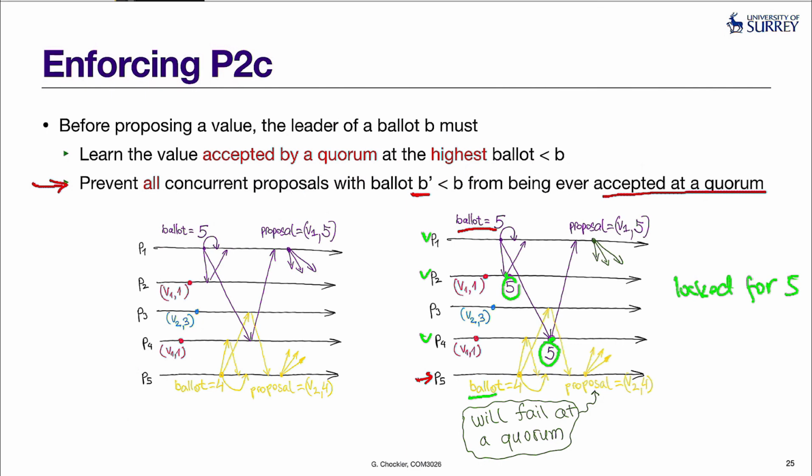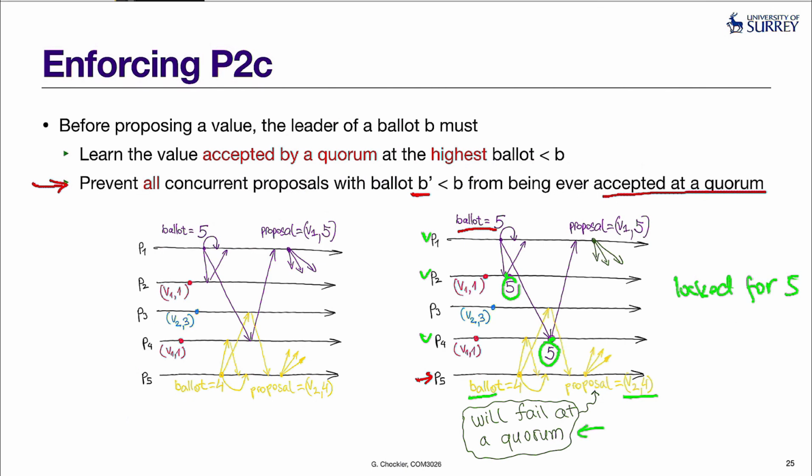And so what happens is that when the leader of ballot 4 attempts to impose its proposal on the quorum, it will encounter at least one process that participated in the proposal from ballot 5, and therefore it will never succeed.